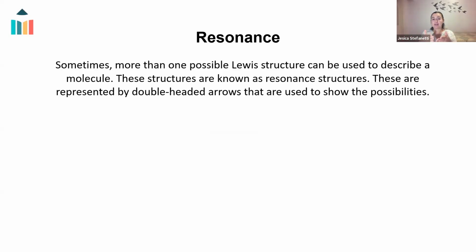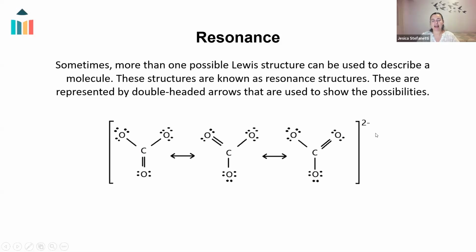The structure can be described as a mixture, a hybrid, of those ones. So the concept of resonance structures makes reference to the fact that sometimes bonds might change their position, we might have different possibilities, and the real structure will be kind of a mixture.